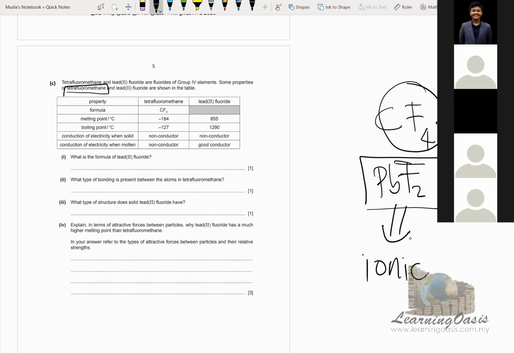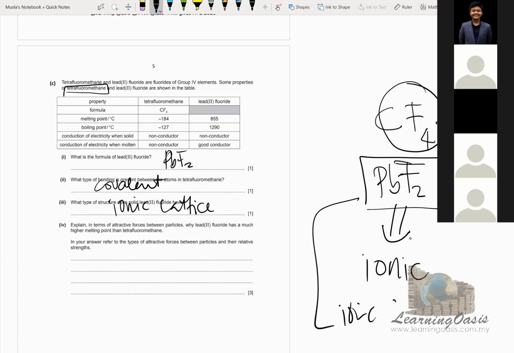What is the formula of lead-2 fluoride? PbF2. What type of bonding is present between the atoms in tetrafluoromethane? Covalent. What type of structure does solid lead-2 fluoride have? Ionic lattice. Yes, ionic lattice. Now explain in terms of attractive forces within particles why lead-2 fluoride has a much higher melting point than tetrafluoromethane. The answer should be here. Ionic lattice.